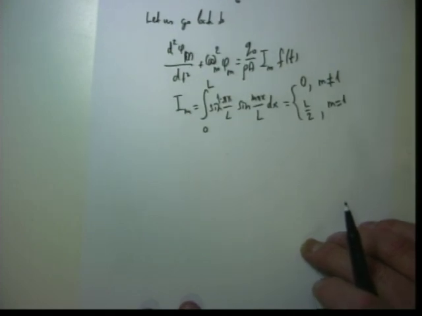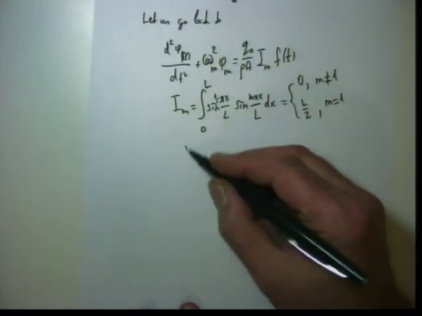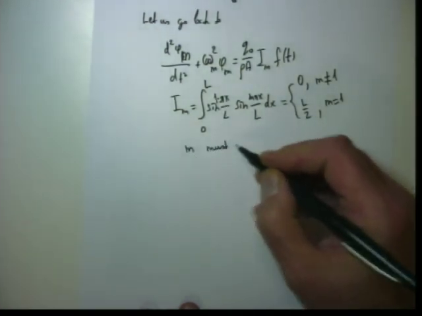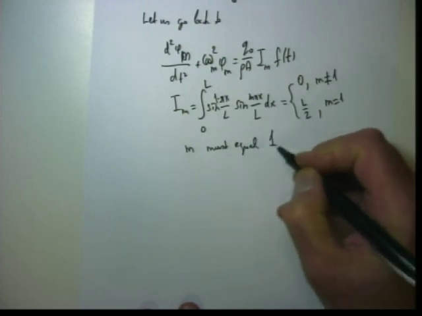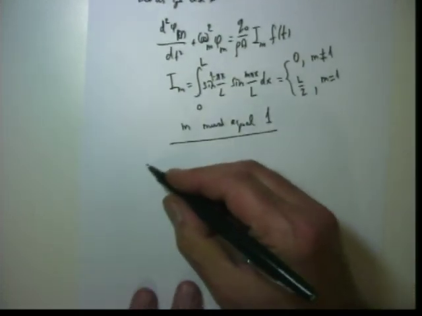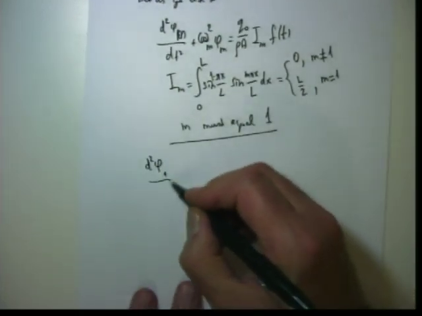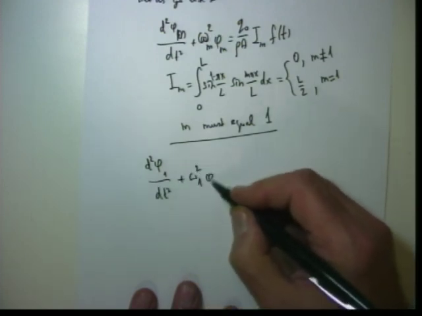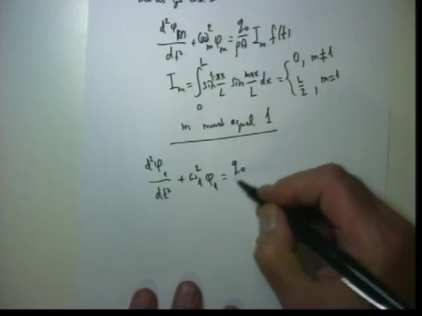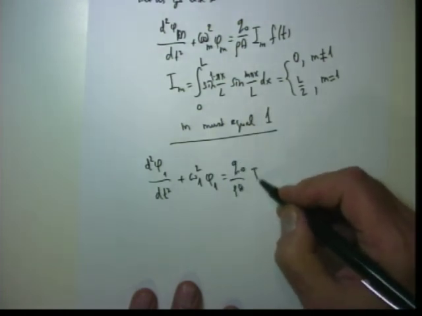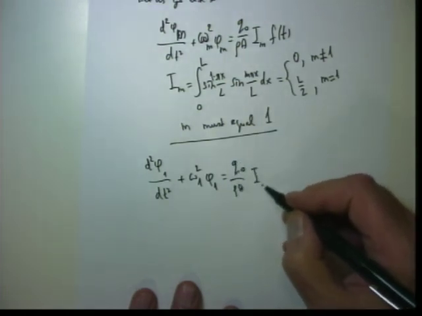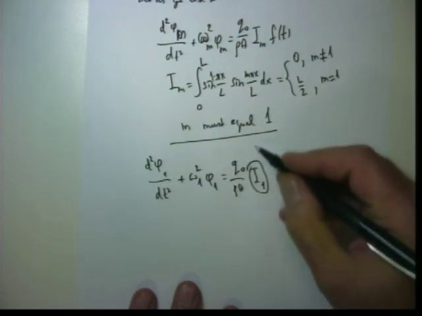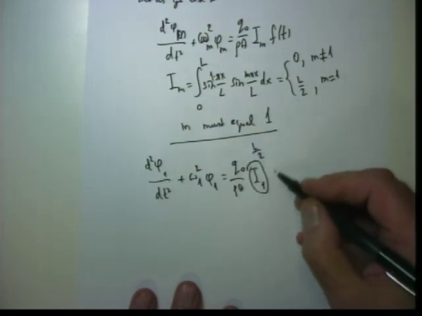So therefore, m must equal 1. So therefore, we have d2 phi 1 dt squared plus omega 1 squared phi 1 equals q sub 0 rho a I1, which is L over 2, f of t.